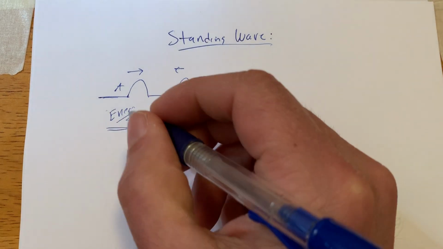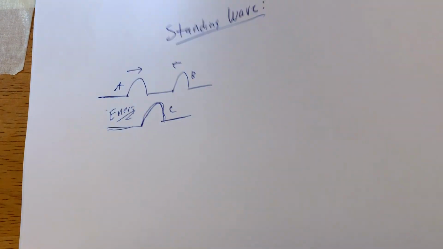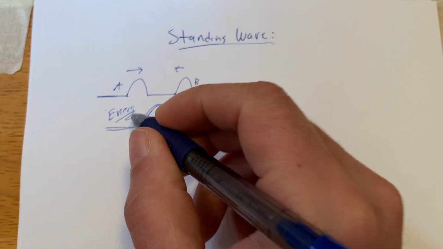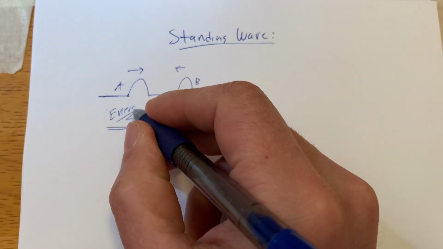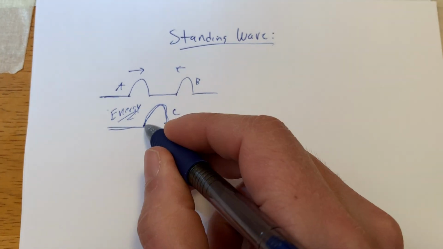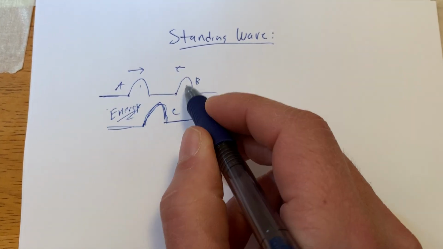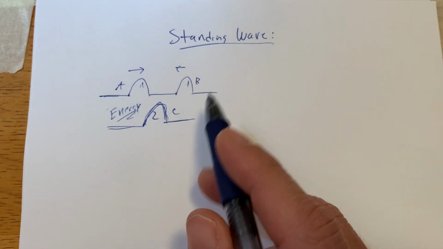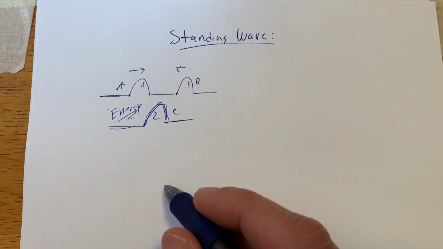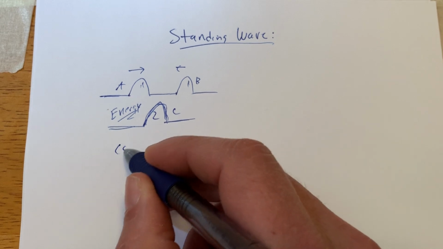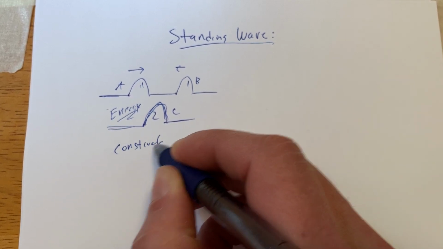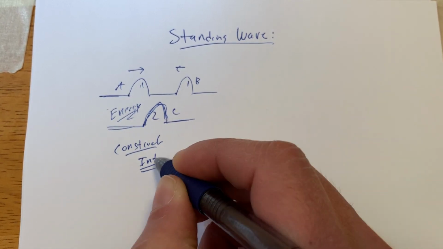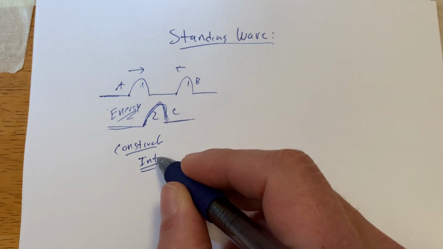I can have two waves occupy the same point in space at the same time. So if that's a 1 and that's a 1, that could make 2. This happens because these waves are in phase. So in this particular case, we get constructive interference.